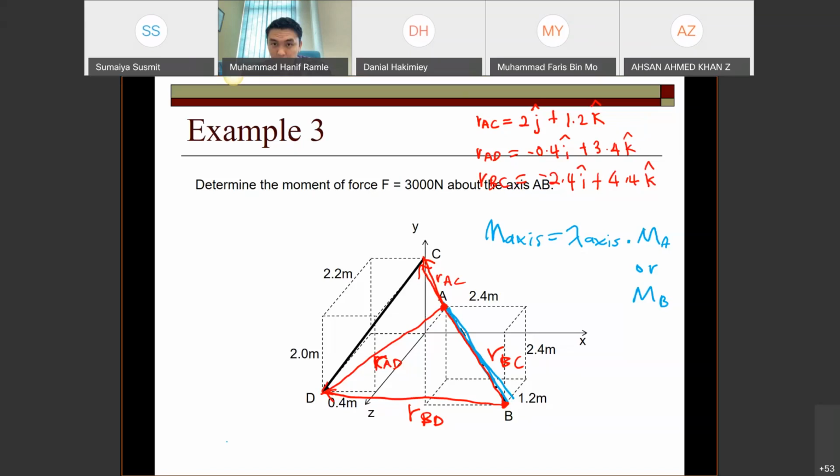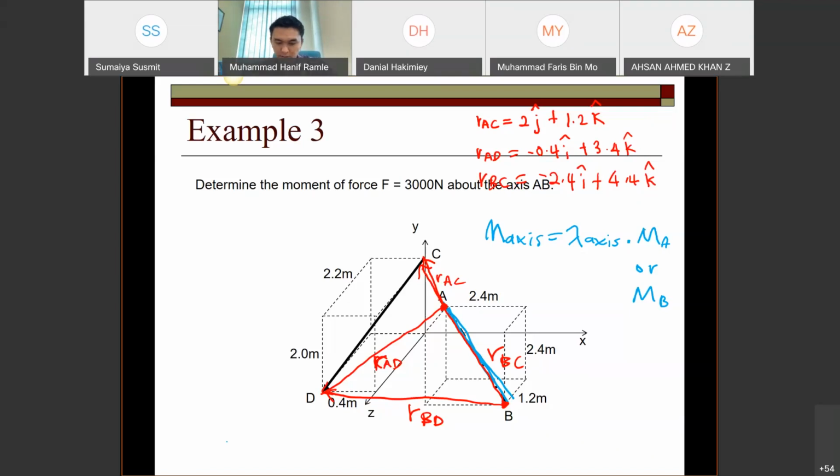Give me 1 second. Can you see the screen right now? Betul. I hear something, but it's not appearing on the screen. Maybe the internet connection. Can you see the screen? The line, the orange line. Can? No, doctor.